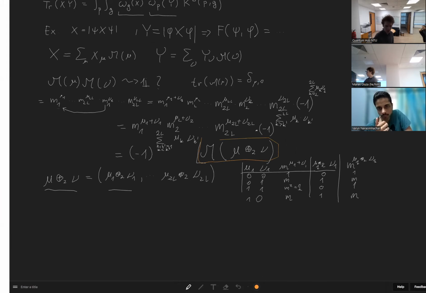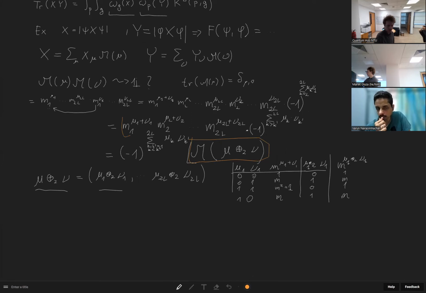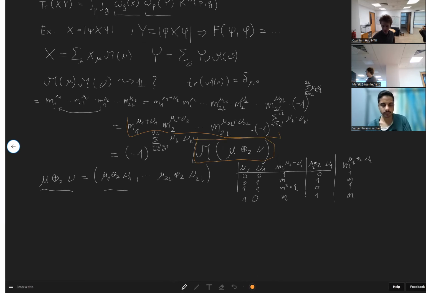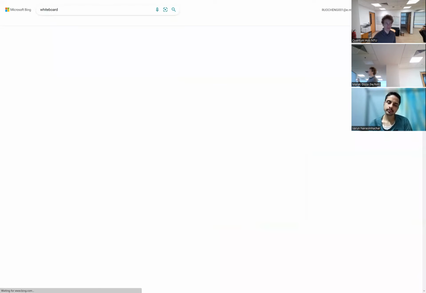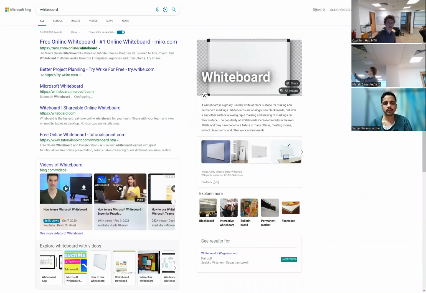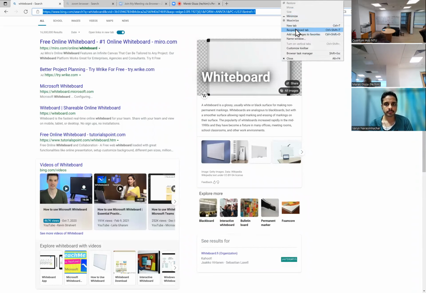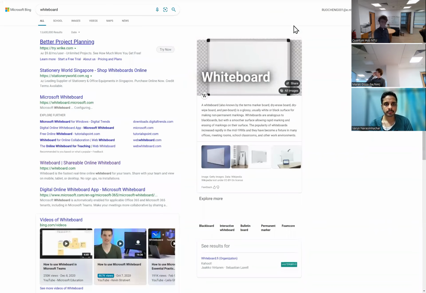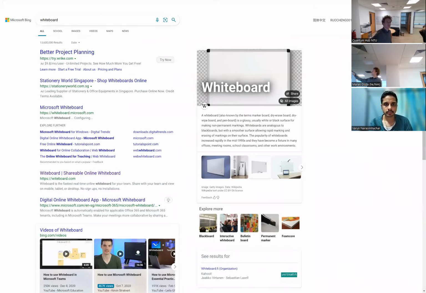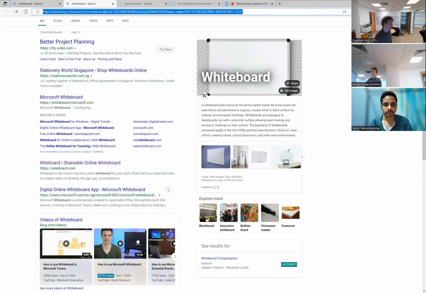I'm doing it extra carefully because this is important for us to know what the trace is. Whoops, the whiteboard crashed now or what? Okay. Maybe next time Paint.